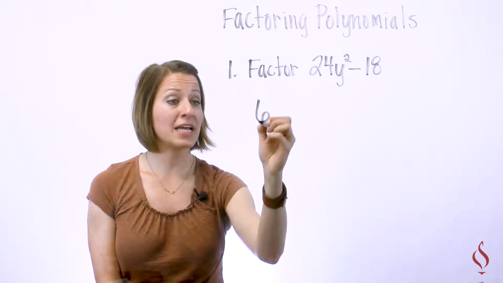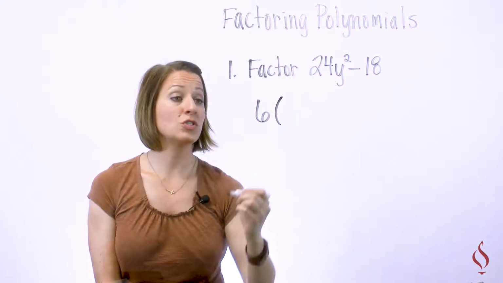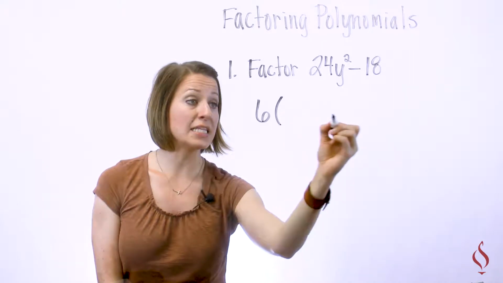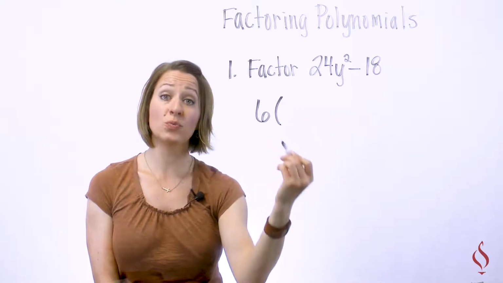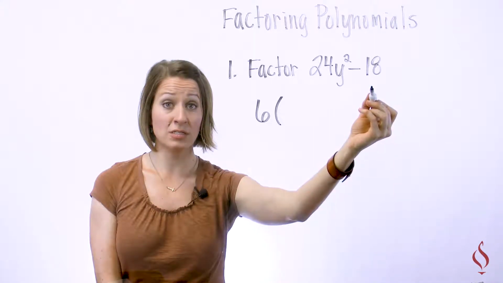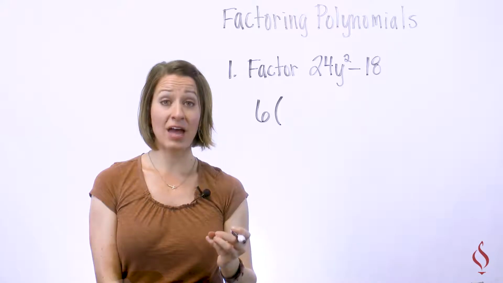I want you to write down the greatest common factor first, and then open a set of parentheses. Inside the parentheses, I want you to rewrite our original expression after you've divided 6 out of it.